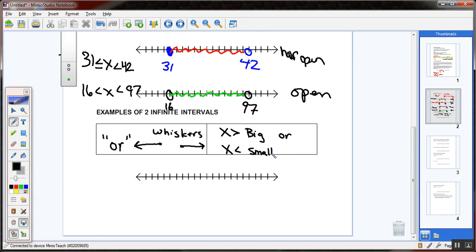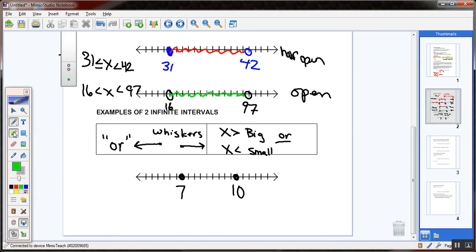Okay, this one here you have to write two separate inequalities and you have to use this conjunction or right there. Okay, so as an example, give me two values. I don't care what they are. 7 and 10. Here's 7, here's 10.